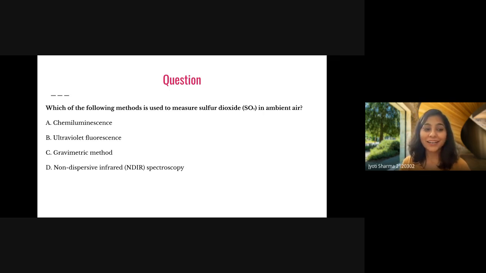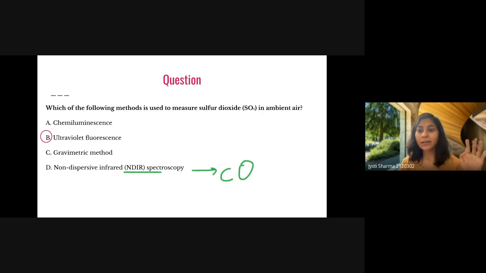The answer will be A, that is ultraviolet fluorescence. As for D, it is used to measure carbon monoxide. If we are using NDIR, it is to measure carbon monoxide. The gravimetric method is for particulate matter.